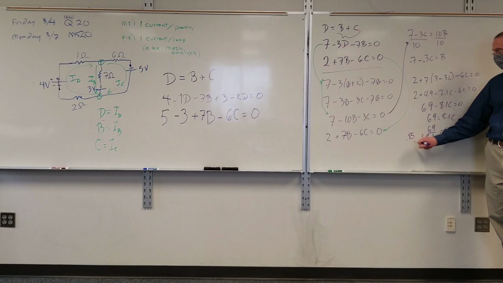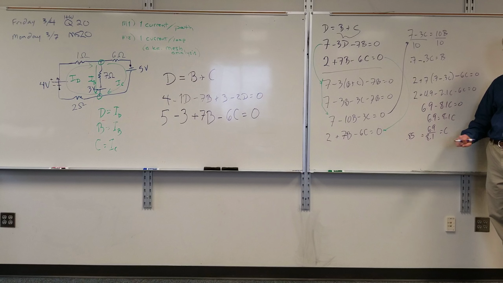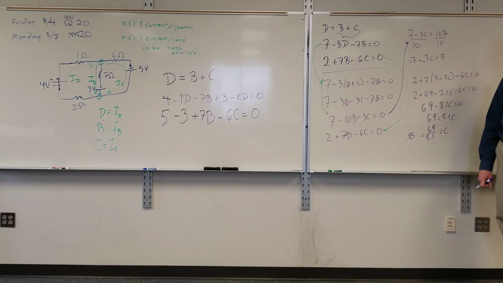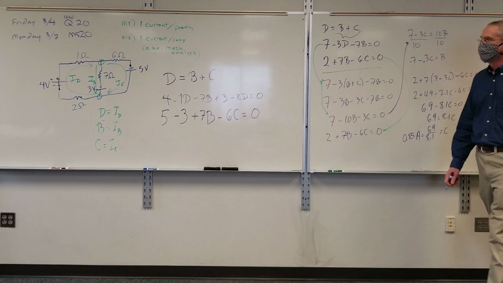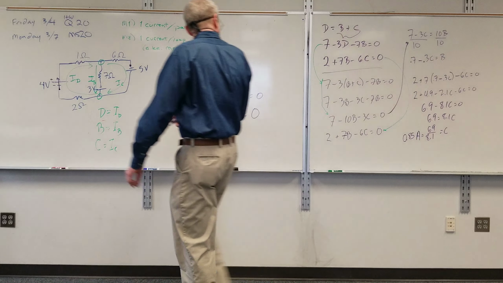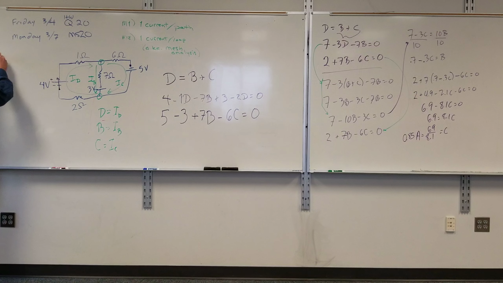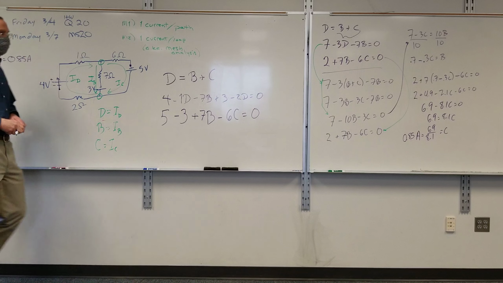Yep. Volts. Right? No. Nope. What is, oh, it's current. Yes. Amperes. Yes. So I'm going to write that over here. So we have C equals 0.85 amperes.